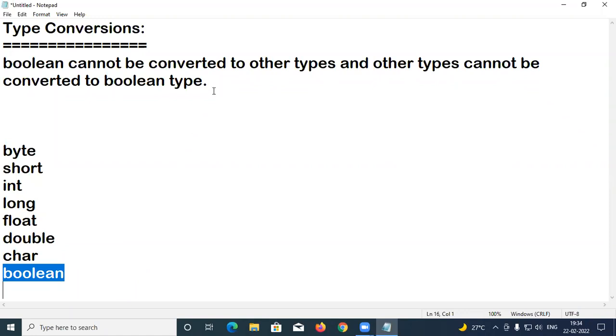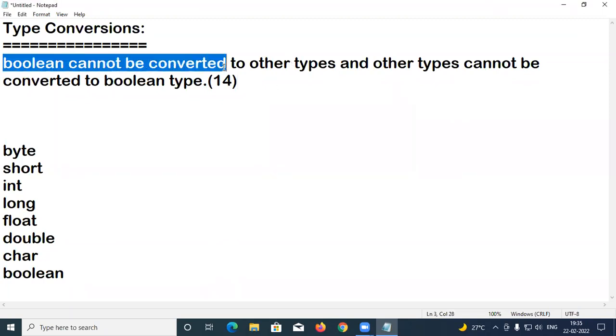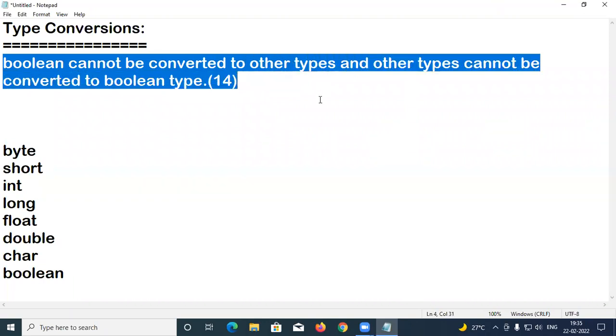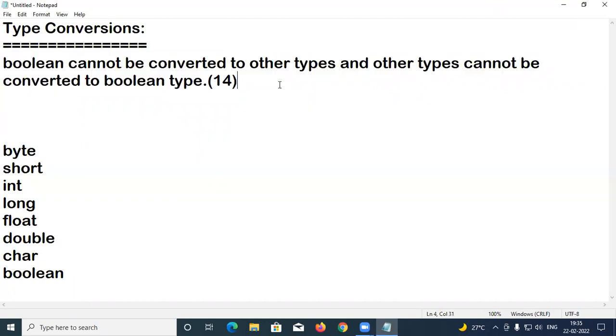Okay. This is the 14 conversions. Your 14 covered. Boolean cannot be converted to other, 7. Other cannot be converted to Boolean, 7. 7 plus 7, 14. Over. Okay. Write that point. Boolean cannot be converted to other types, and other types cannot be converted to Boolean type.